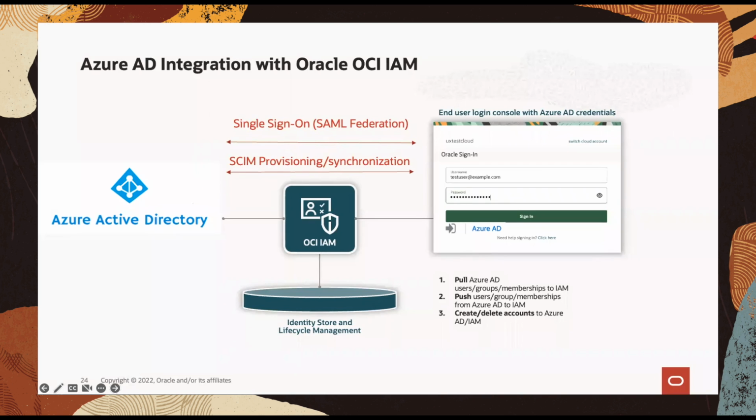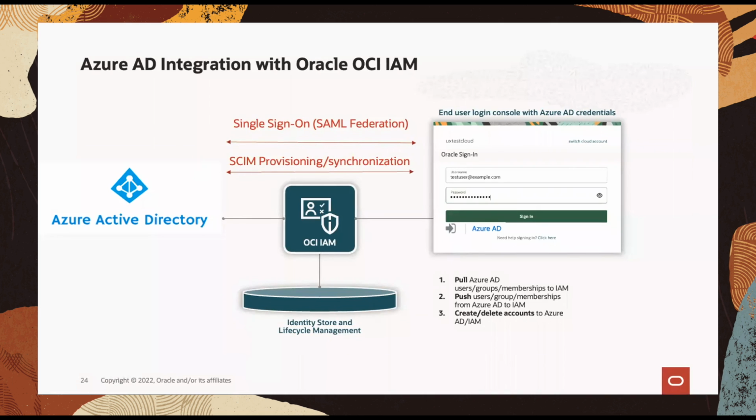Azure also supports SAML federation. And of course, we have seen the capabilities of the IAM; IAM also supports SAML. So you can federate between Azure and the OCI IAM by registering the Active Directory as a SAML IDP in the IAM.